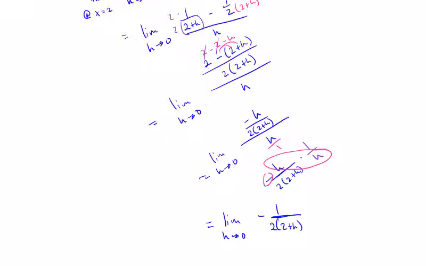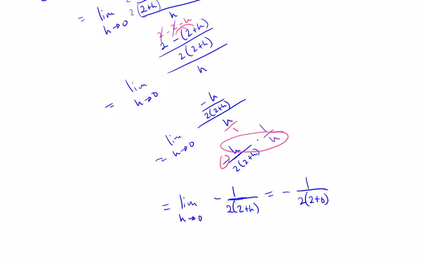Okay, and now it's just a direct evaluation. Now all I have to do is just plug in 0, because now I no longer have that 0 in the denominator like we had before. So it'll be 2 plus 0 there for h, and so that'll be negative 1 over 2 times 2. 2 plus 0 is 2, right? And so that turns into negative 1/4.